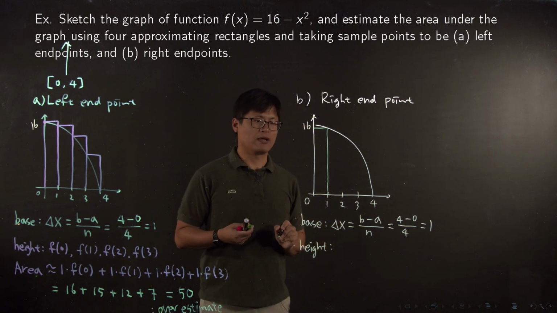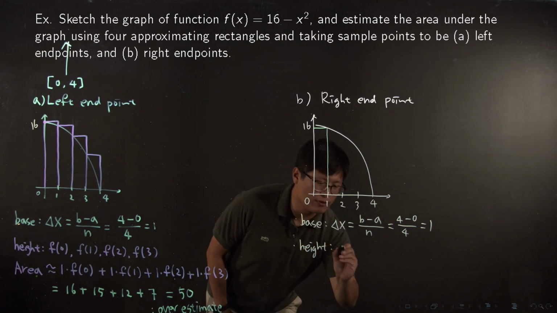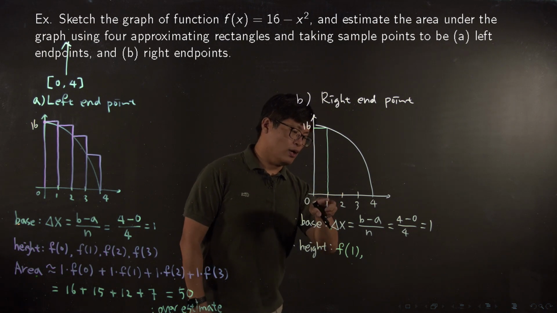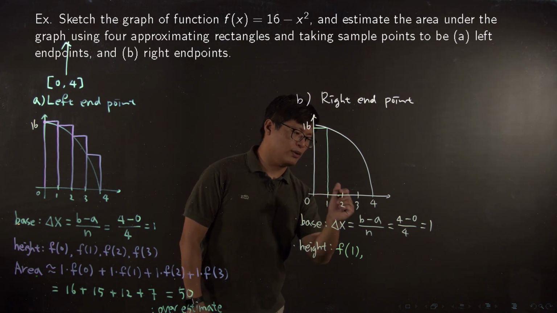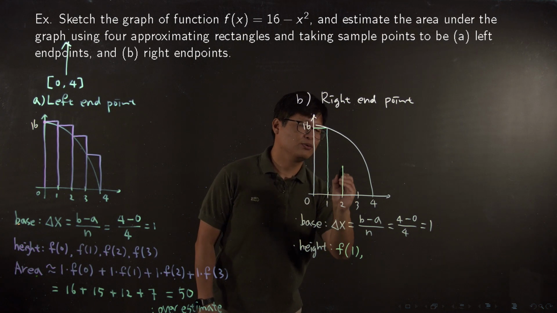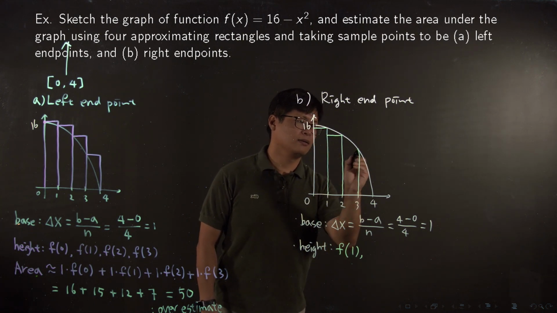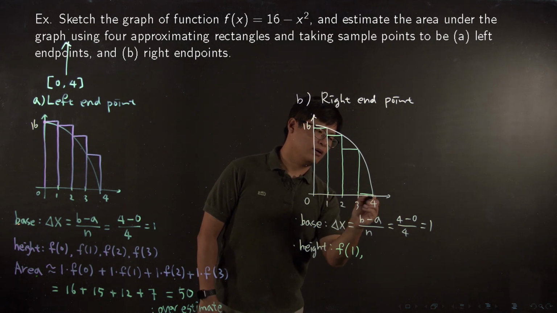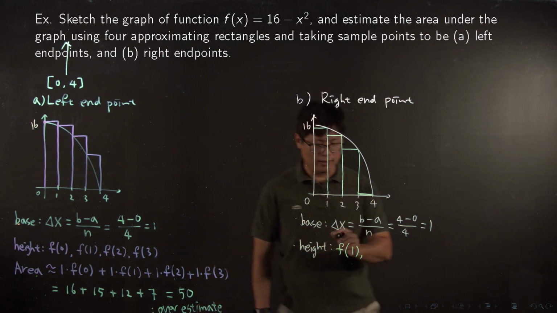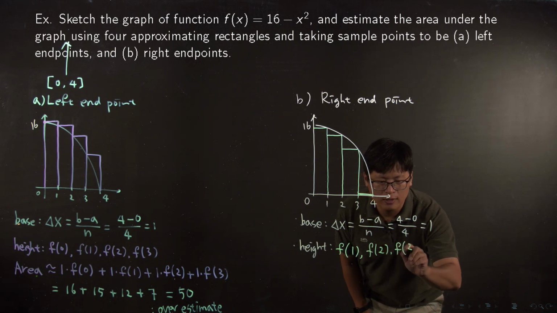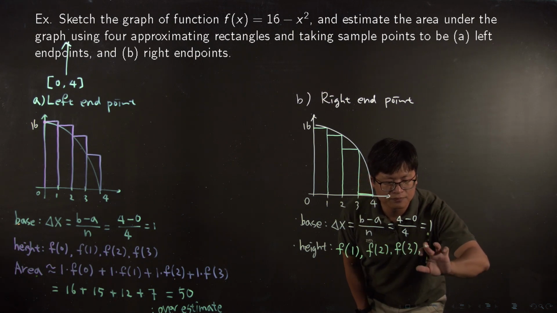So your first rectangle is like that, okay? The first rectangle height is f of 1. The second one, between 1 to 2. Since your right endpoint is 2 for this subinterval, the function value of 2 will be the height of the second rectangle. So anyway, let me write, okay? f of 2, f of 3, and f of 4.